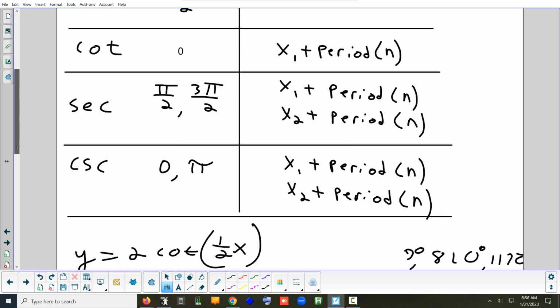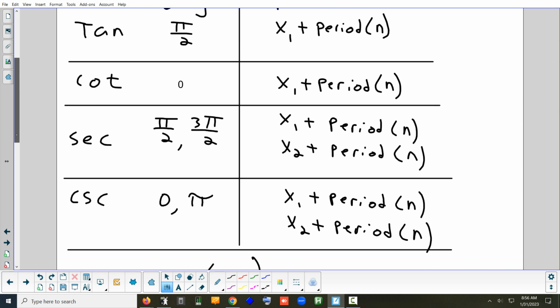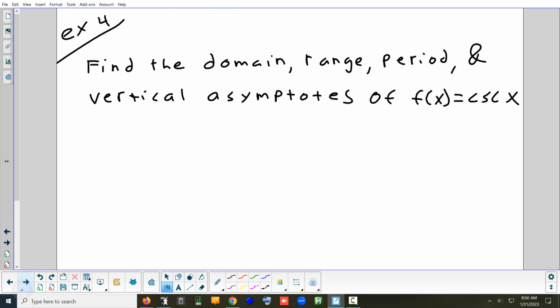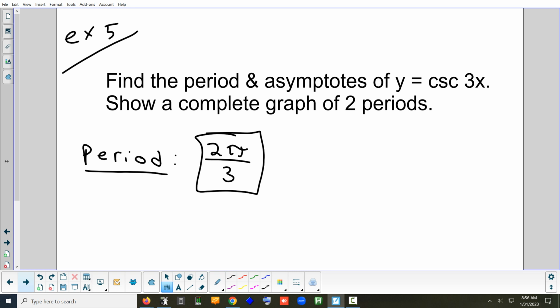What are my original asymptotes for cosecant? Yep, 0 and pi, and I'm going to set them equal to the argument. We're going to set the 0 and the pi equal to the argument to figure out how this 3 is changing things.